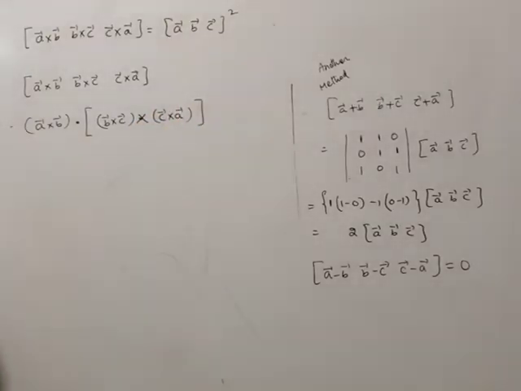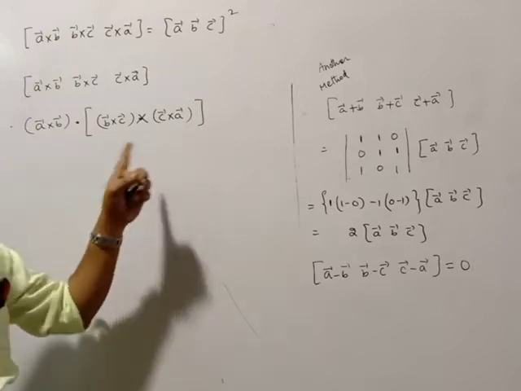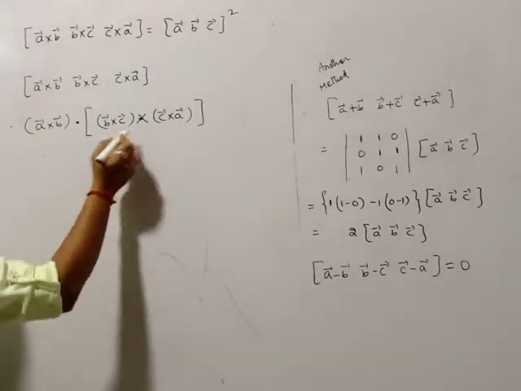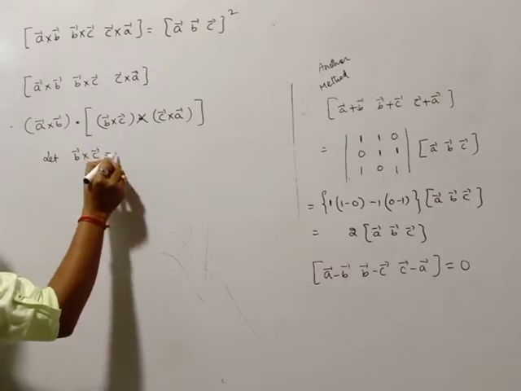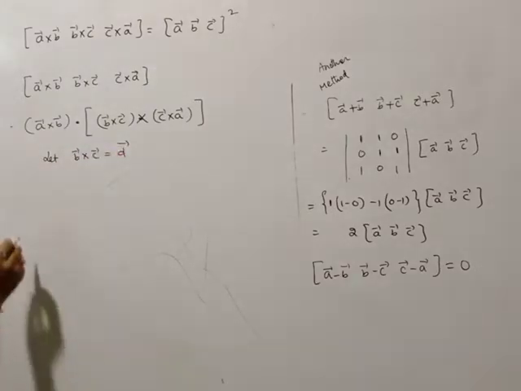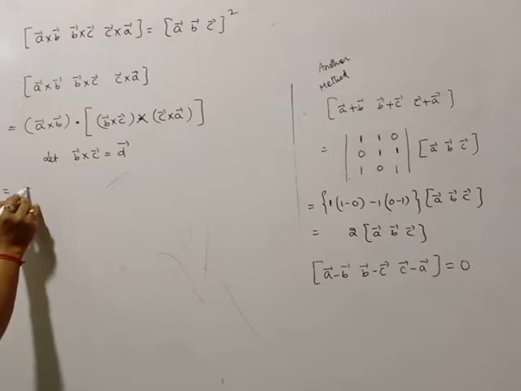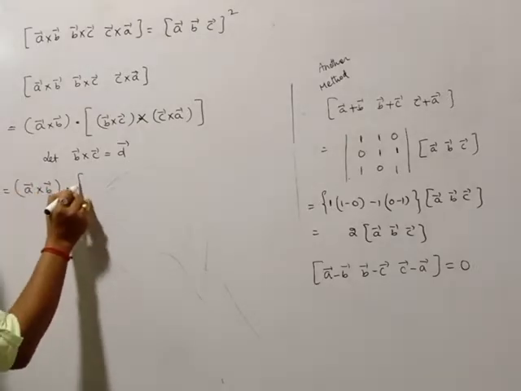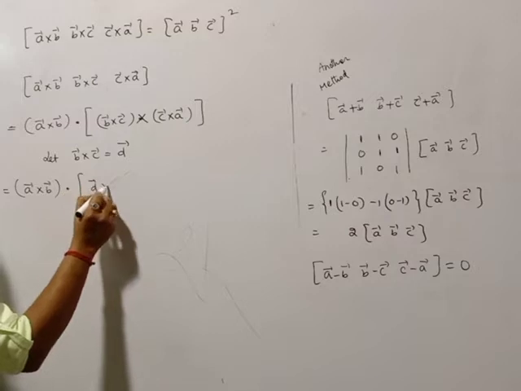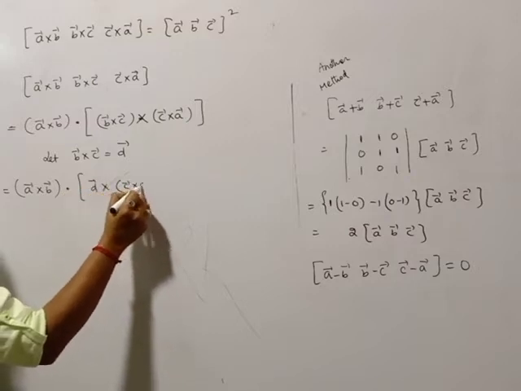But you don't know how to do the cross product of 4 vectors. For that purpose, let b bar cross c bar equal some vector d bar. Then it is a bar cross b bar dot bracket open d bar cross c bar cross a bar.